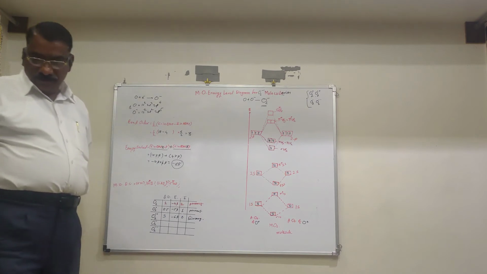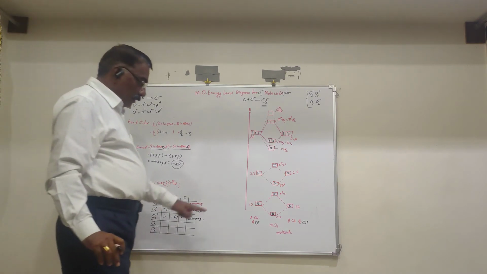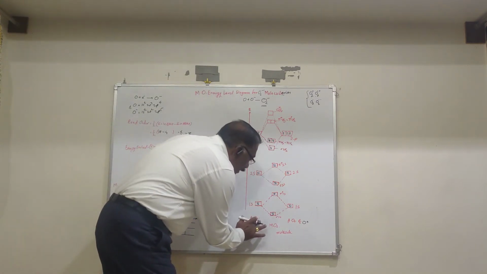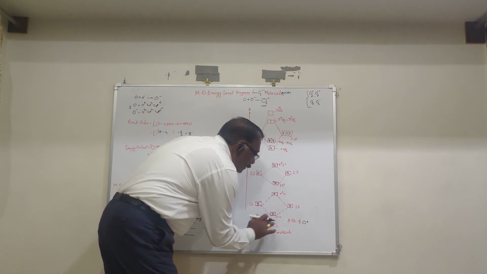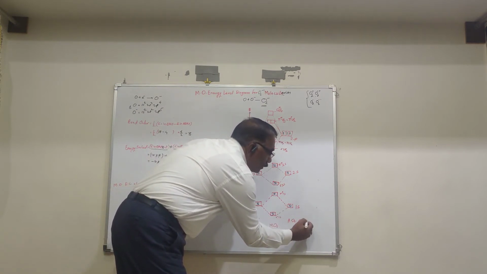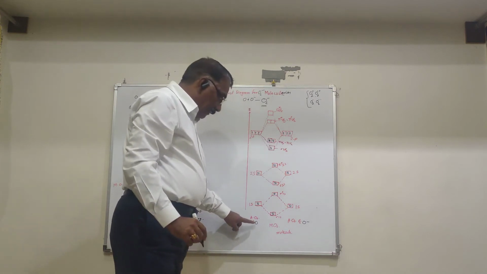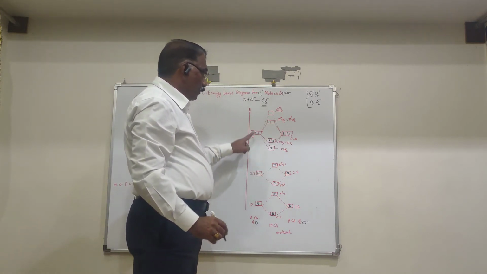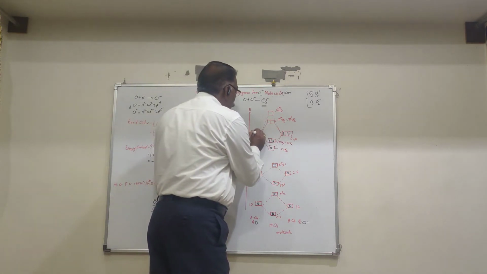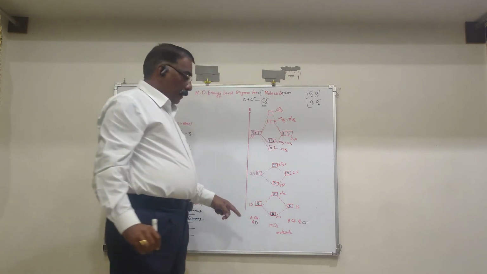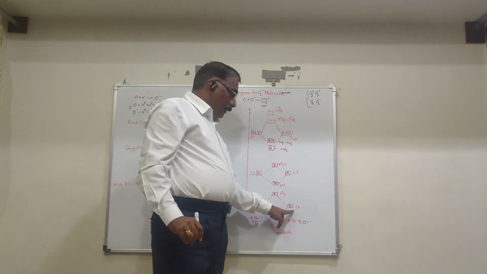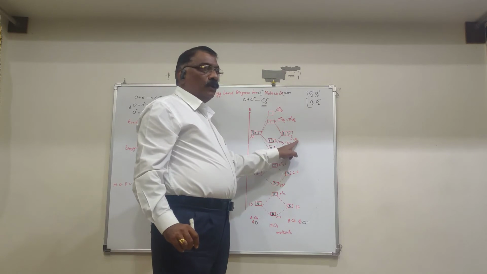See their combination. When we consider their combination, at one side there is the oxygen atom, and at the other end there is the oxygen minus. Oxygen atom 1s2, 2s2 and 2p4. Oxygen minus 1s2, 2s2 and 2p5.